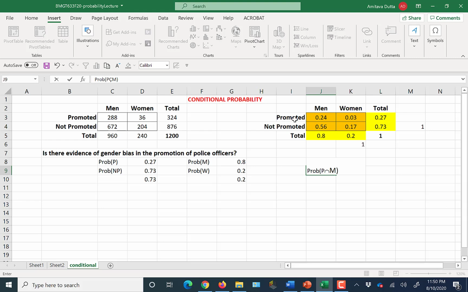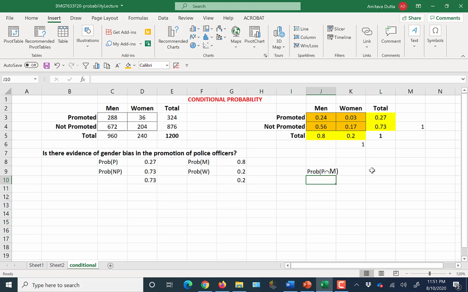So being promoted and being male is equal to 0.24. So this is a joint probability.